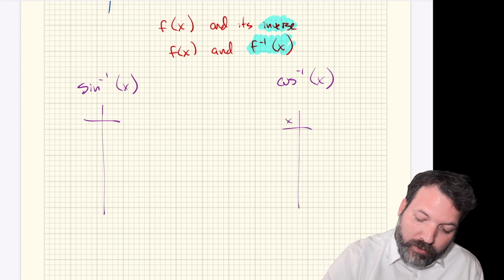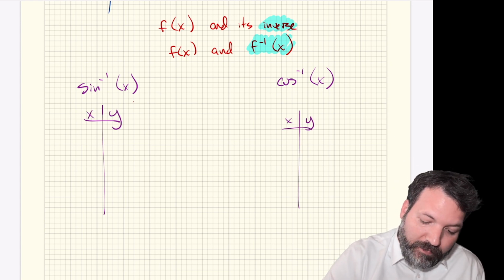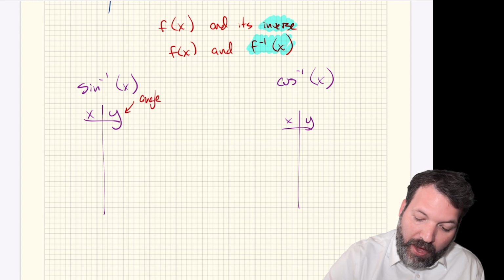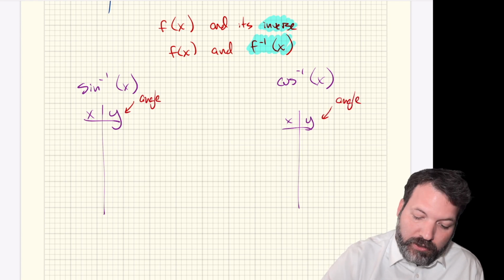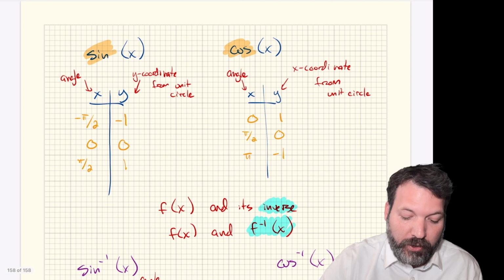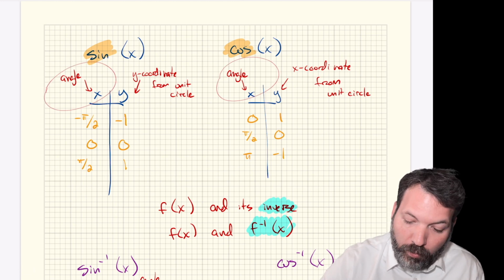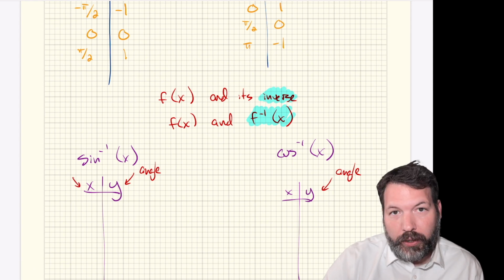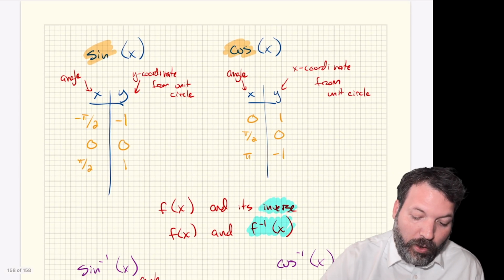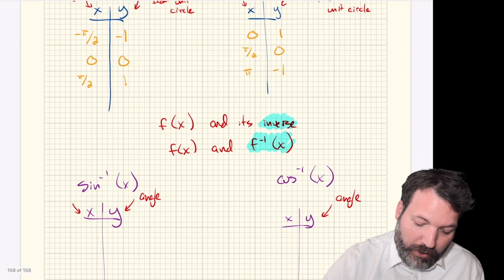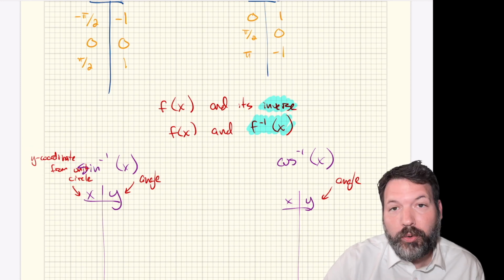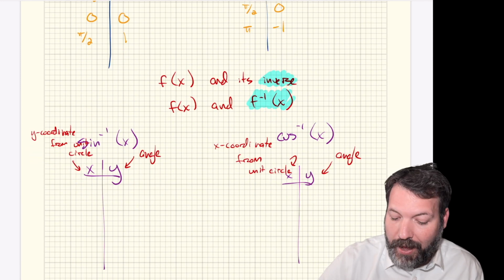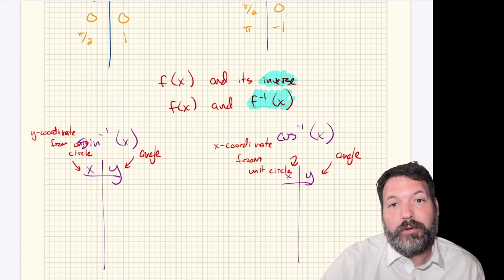In other words, this time it's our y value that's going to be the angle, because in both cases for sine and cosine up here, you can see that the x coordinate was the angle, the input was the angle. And now that means that our input, the x variable, is going to be what was the output over here for sine. So that is the y coordinate from the unit circle for sine and the x coordinate from the unit circle for cosine.